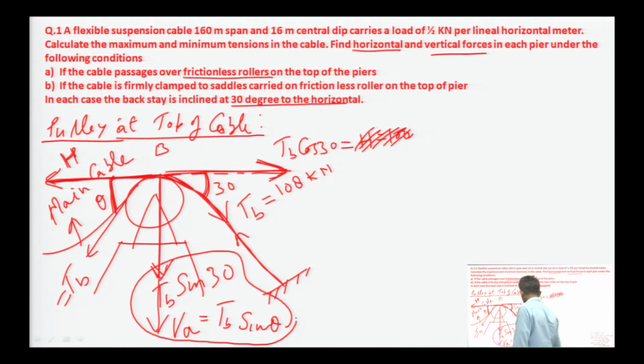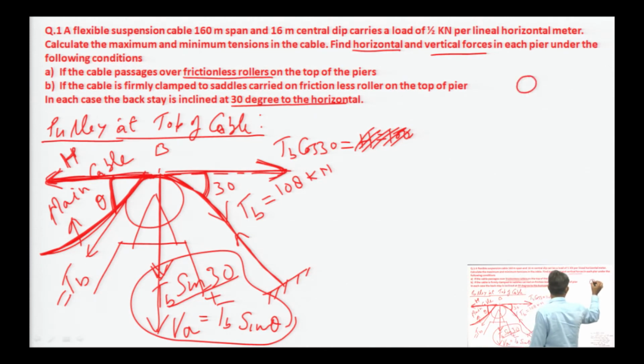The vertical component is the sum of these two, TB sin 30 plus TB sin theta. There is no need to calculate sin theta, because the horizontal component for this cable is nothing but H, and the vertical components acting are VA and VB, and H, at point B. This was the condition.